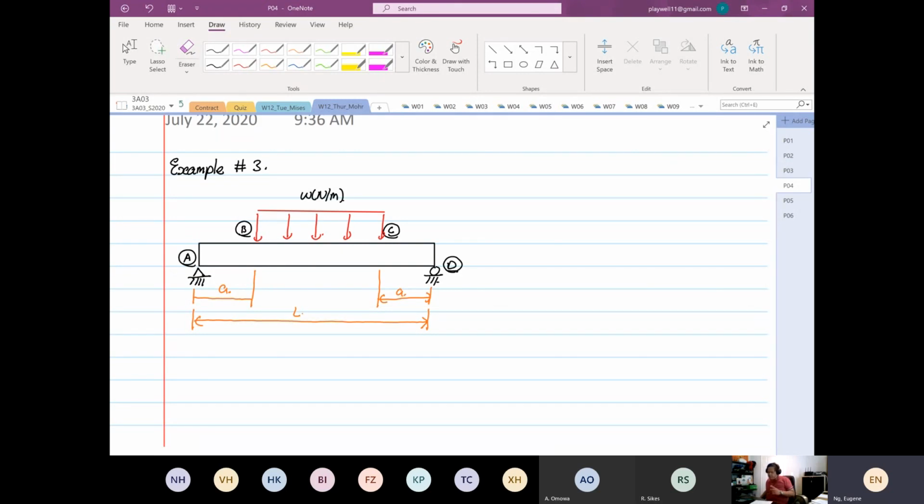So what is so intriguing about this problem, right, is what we're trying to find is we're going to again find the shear force and bending moment equation.